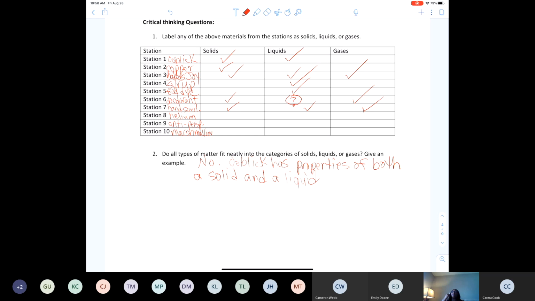So you can consider the Baker's Joy and the hand sanitizer as having gas-like properties because they're easily converted to a vapor. And then the liquid characteristics of the spray, because it flows easily out of the nozzle of the aerosol can. And when we sprayed it on the table, it had that wet appearance.